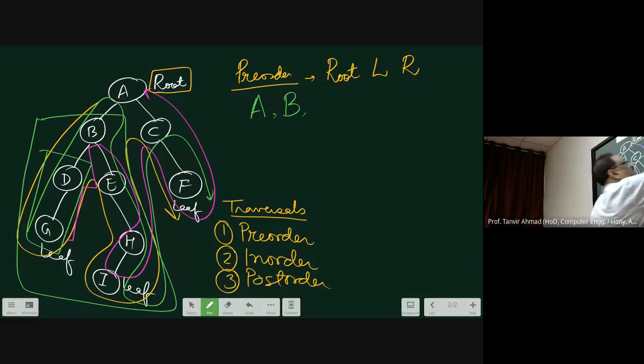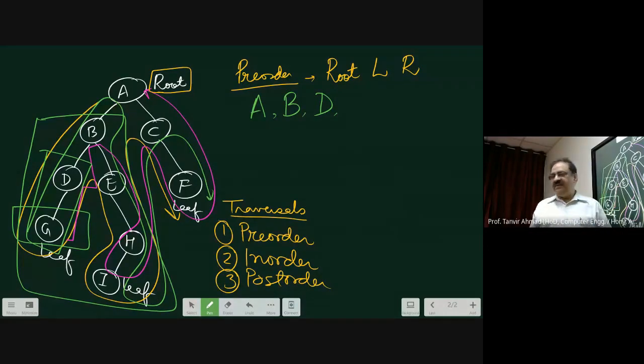Therefore, you process the root. Then you find that it's another tree. That means you process the root. Then you come to left. There is no left. Then you follow the right. There is no right. Then you go back. You come back from G to D and try to go to the right of D. There is no right of D.